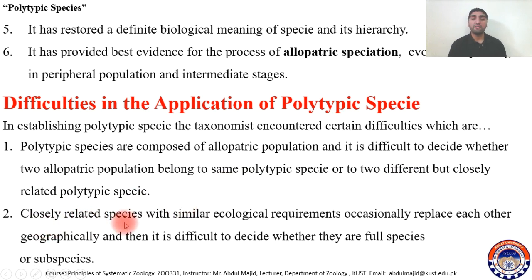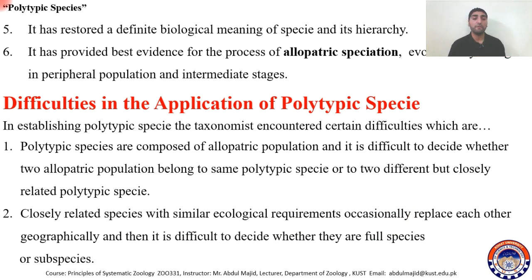Then closely related species with similar ecological requirements occasionally replace each other geographically, and then it is difficult to decide whether they are a full species or subspecies. And this is another problem. Subspecies which are closely related and have similar ecological requirements sometimes replace each other geographically. They migrate from one ecology to another.